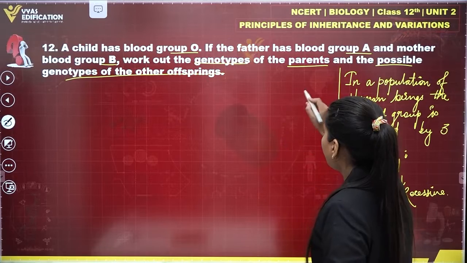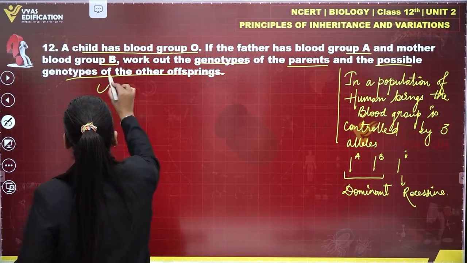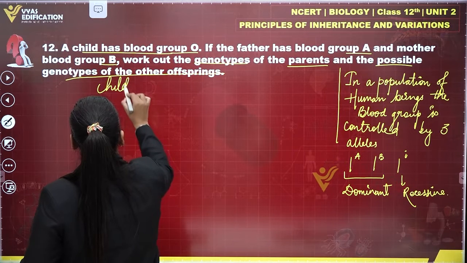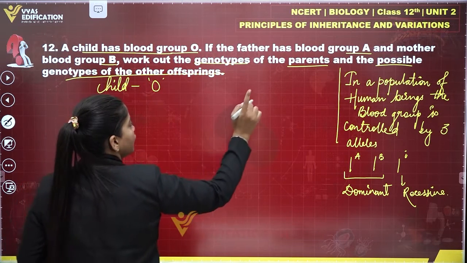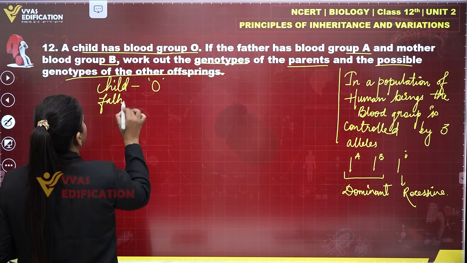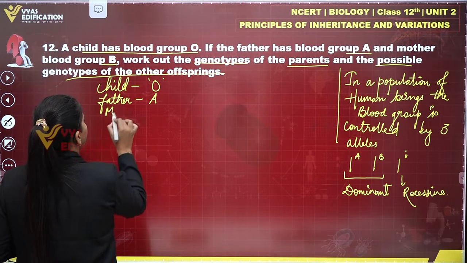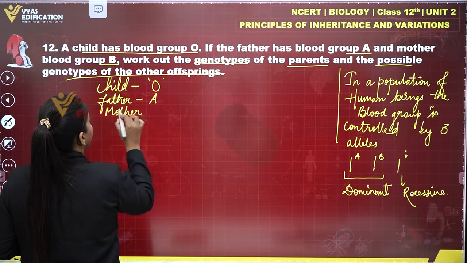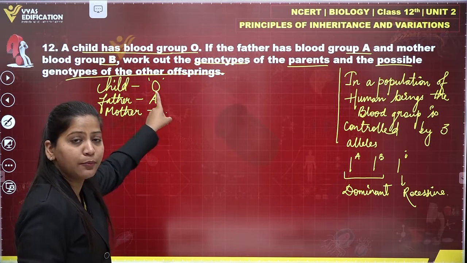The question says the child is having blood group O, the father is having blood group A and the mother is having blood group B. How is it possible that their child has blood group O?